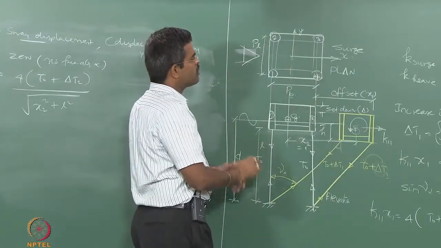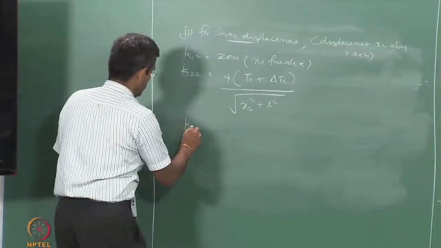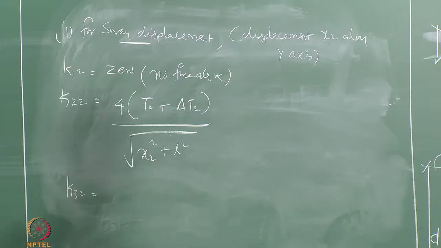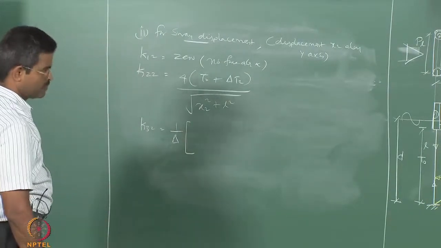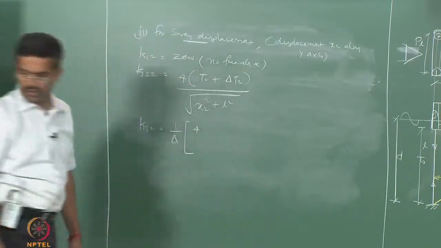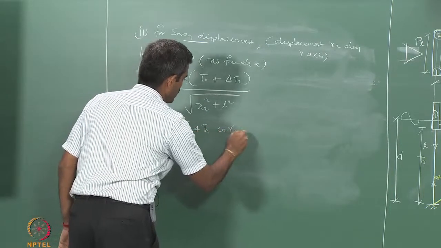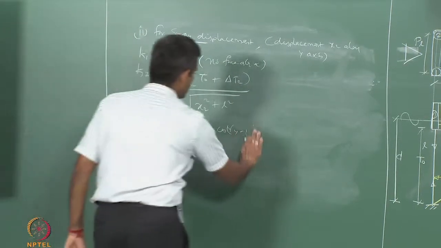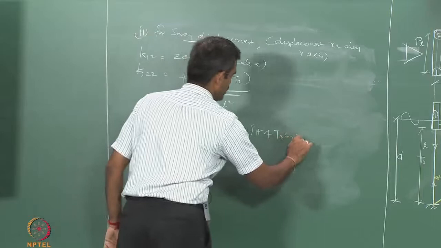So, there is going to be an influence of this y movement along the z axis which is in the heave direction, therefore, there will be K32 which is the same as K31, which is going to be 1 by delta of, okay, I will write down from here, 4 T naught cos gamma y minus 1 plus 4 T2 cos gamma.